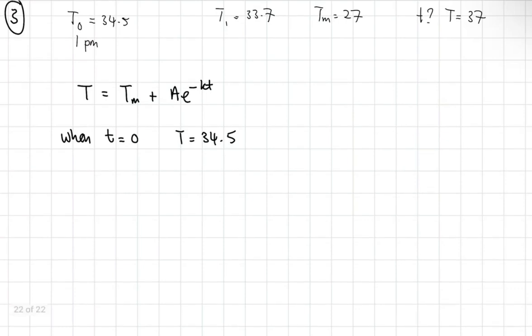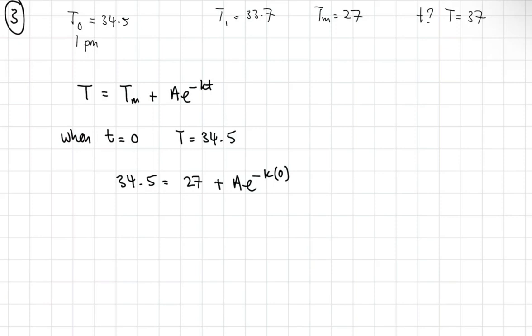So 34.5 equals Tm, which is 27, plus A, which is unknown, times exponent minus K times T, where T is 0. So 0 times K is 0, and exponent 0 is 1.